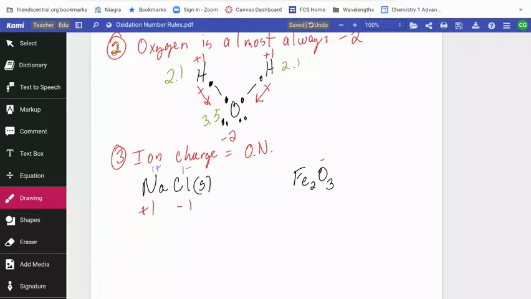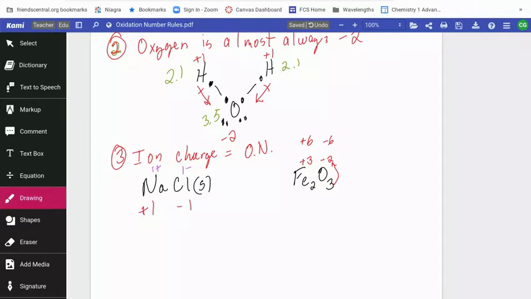So this is going to be a -2, and therefore this is going to be a +3. And if you're not sure how to figure that one out, I'm going to multiply. So 3 times -2 is a -6, and that 2 times the +3 is +6. So the +6 equals the -6. Therefore, the oxidation numbers are iron +3, oxygen -2.